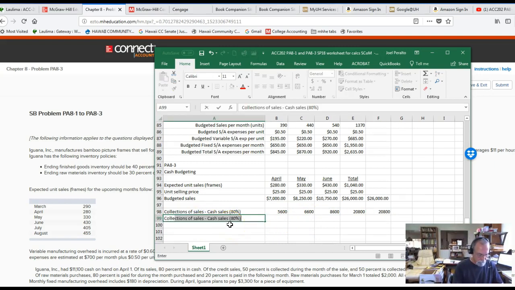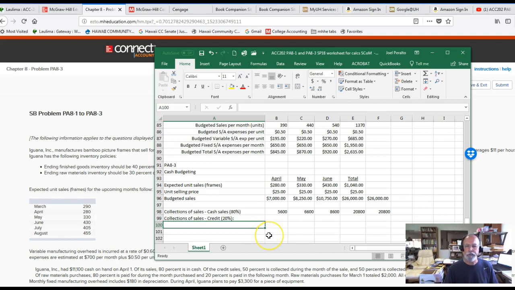And then our collection of credit sales, 20%, and we'll have a two-step calculation here because half of the credit sales is collected in the month of sale.